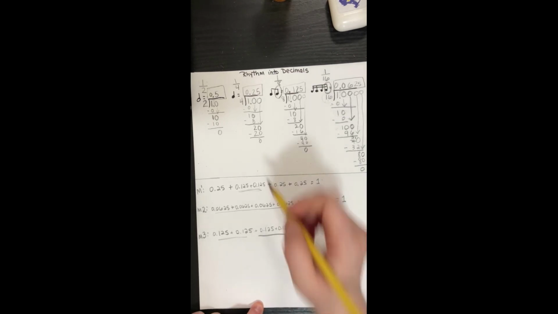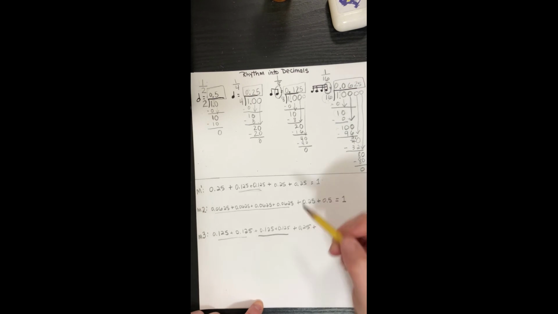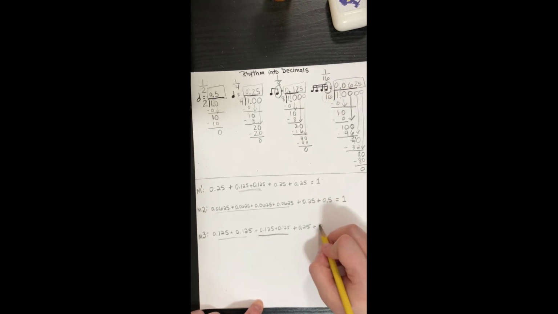Plus I had a quarter, 0.25 plus another eighth note pair. 0.125 plus 0.125 should all equal 1 whole. 1 whole. All right, here we go. Let's add it all up and see if we're right.